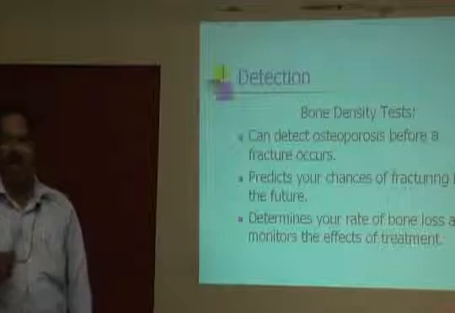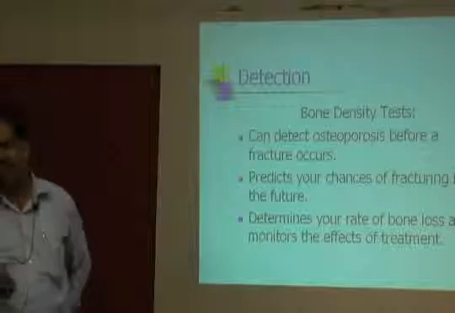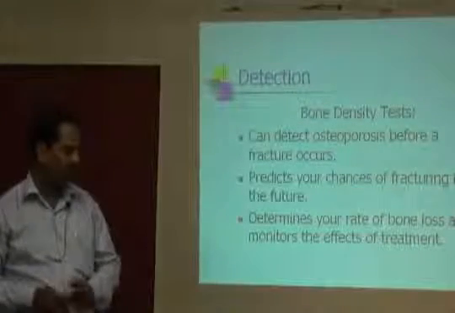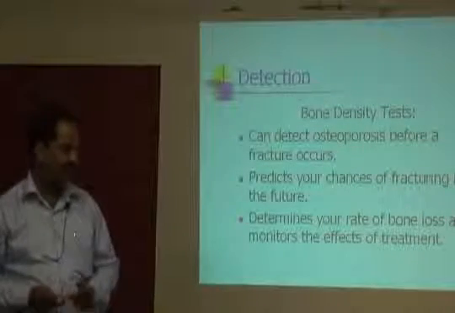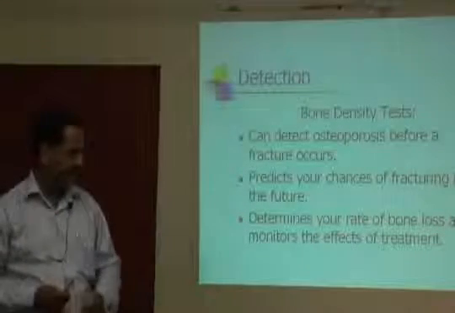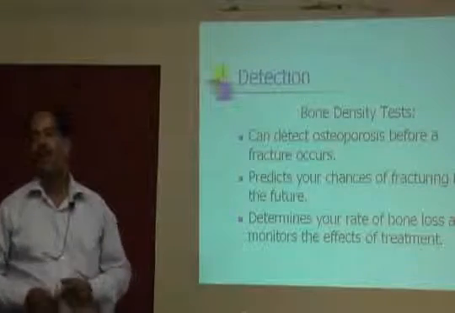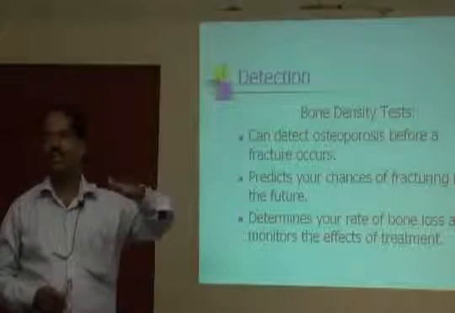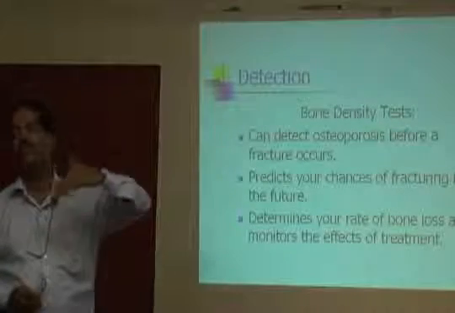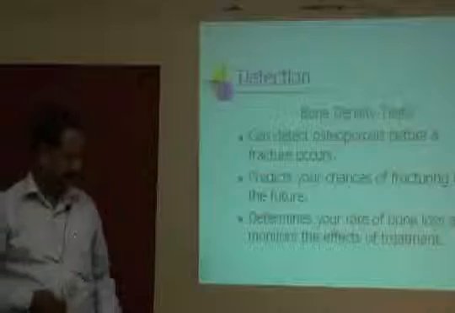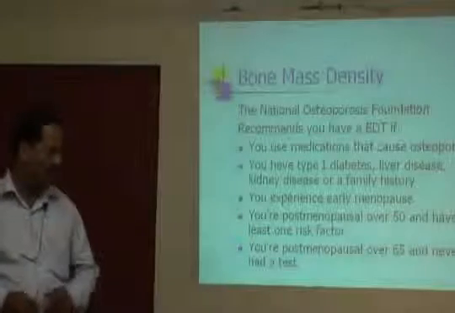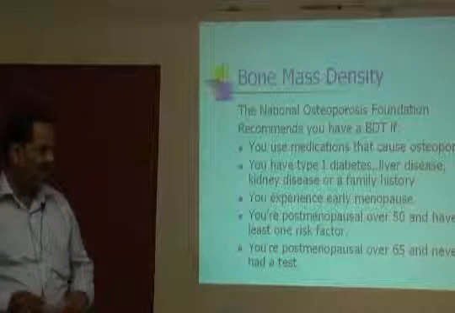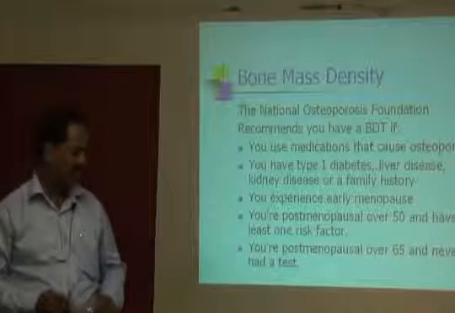Then how do we come to know that our bones are weak? We have to go for a bone density test. It can detect osteoporosis before a fracture occurs, predict your chances of fracture in the future, and determine your rate of bone loss. It will tell you whether you have osteoporosis or are approaching it. You should get tested if you use medication that causes osteoporosis, or have type 1 diabetes, liver disease, or kidney disease.